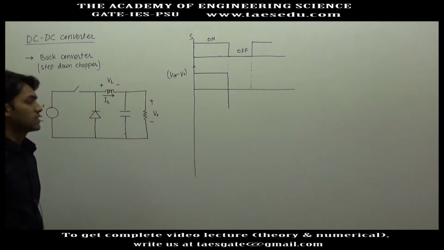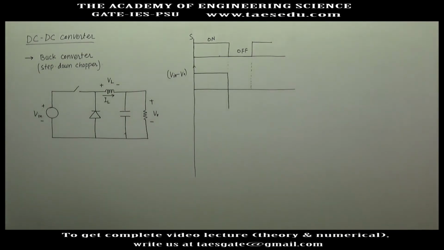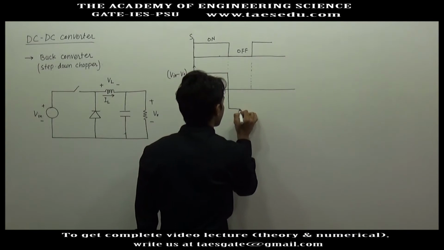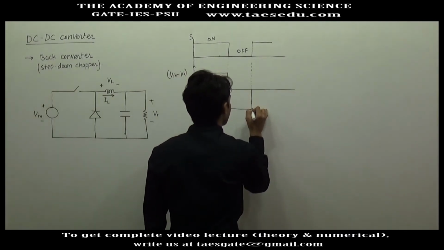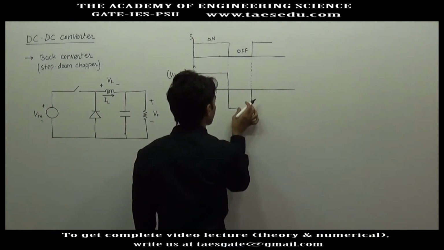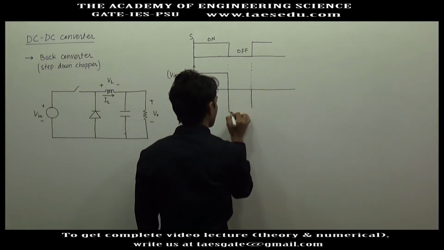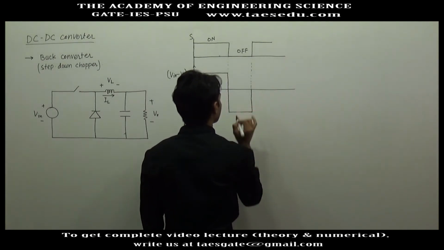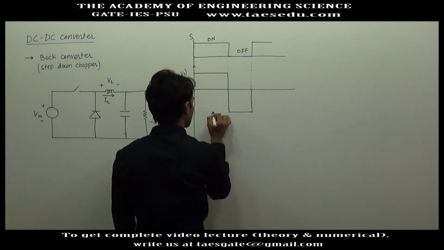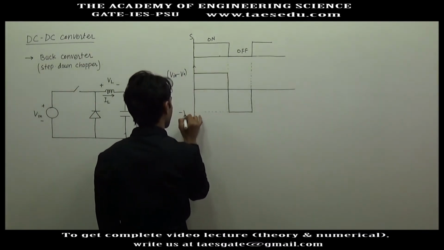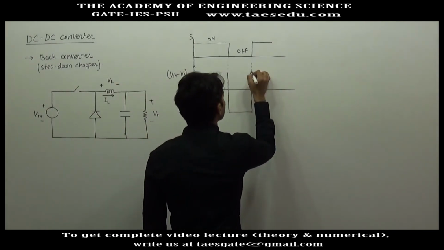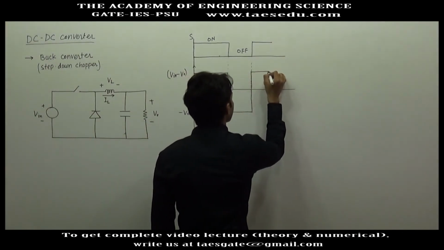Then only in that case the average inductor voltage will be 0. So I will take height such that positive area and negative area become equal. I have to increase a little more. And this height is minus V naught. And inductor voltage will be periodic.